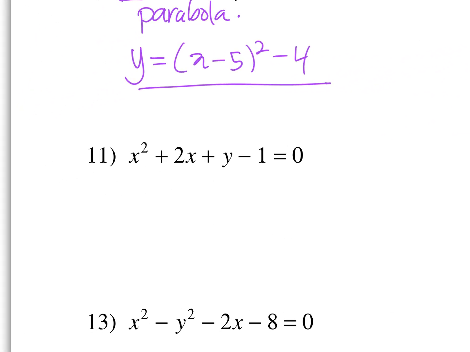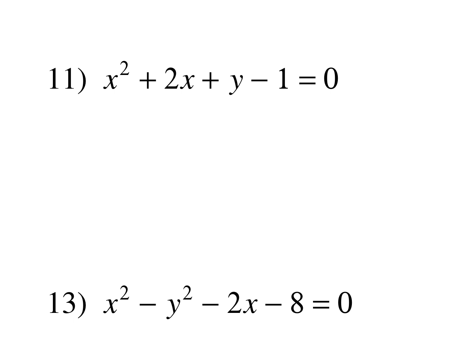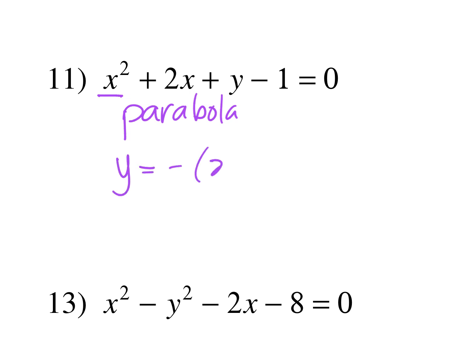Number 11. Okay, x squared plus 2x plus y minus 1 is equal to 0. Again, I can only see one variable being squared, so this is going to give you a parabola again. And as for its equation, y is equal to negative the quantity (x plus 1) squared plus 2.